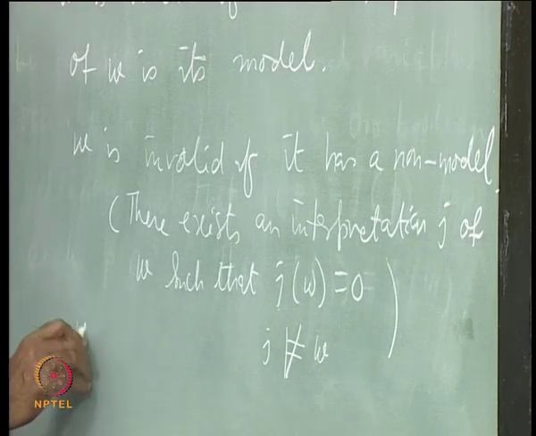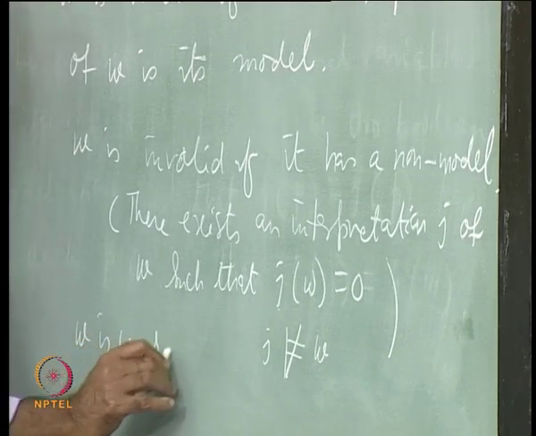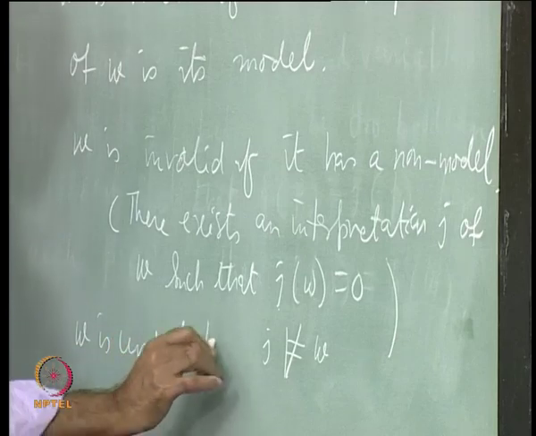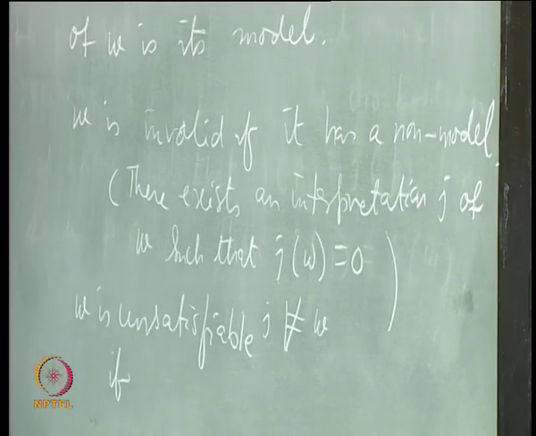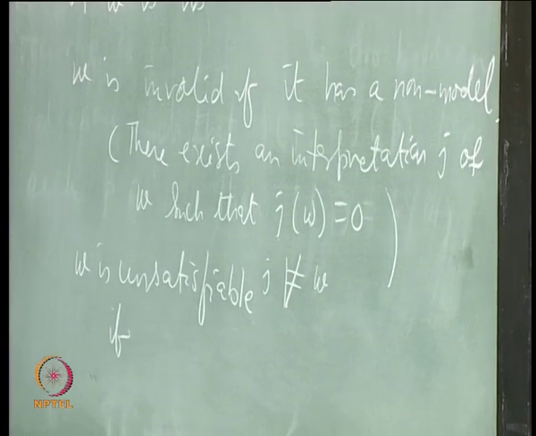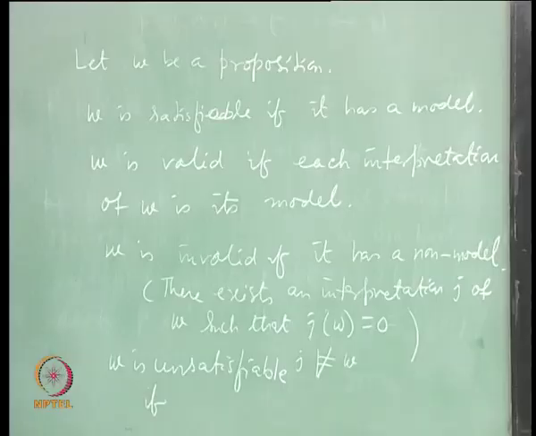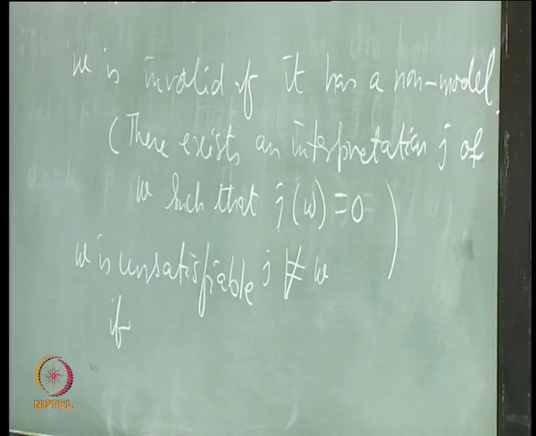We say that W is unsatisfiable if what happens? If it does not have a model. Having a non-model and not having a model are different, right. You say it has a non-model means there is one which falsifies it.